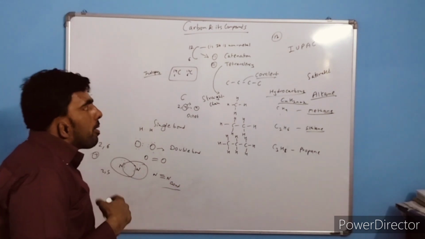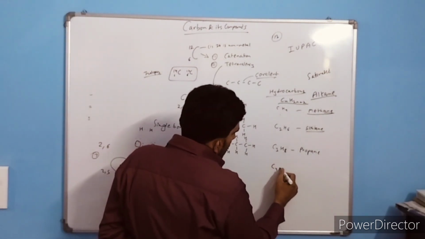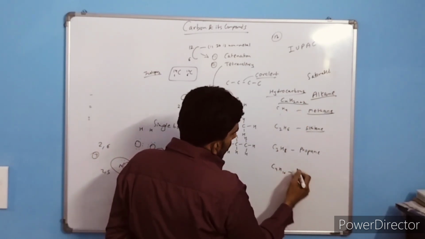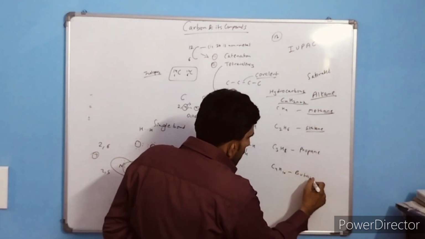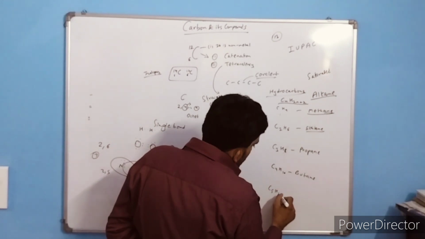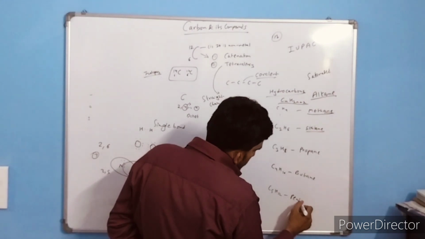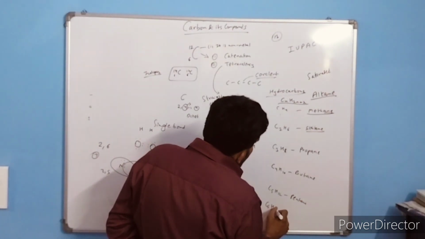Now, if I increase more carbon, for example C4, how many H will there be? 10. That is called butane. Next one, 5 carbons, it will be 12. That is called pentane. If I write 6, it will be 14.